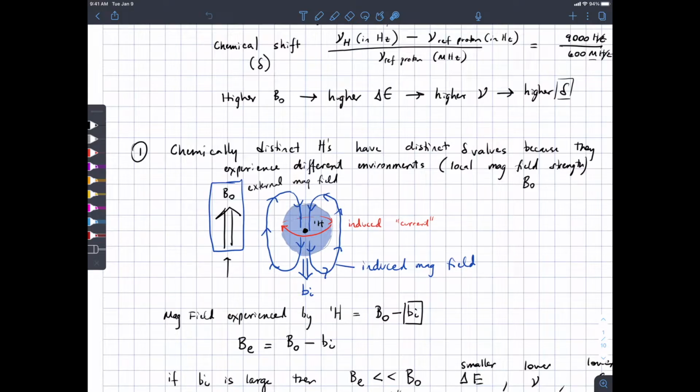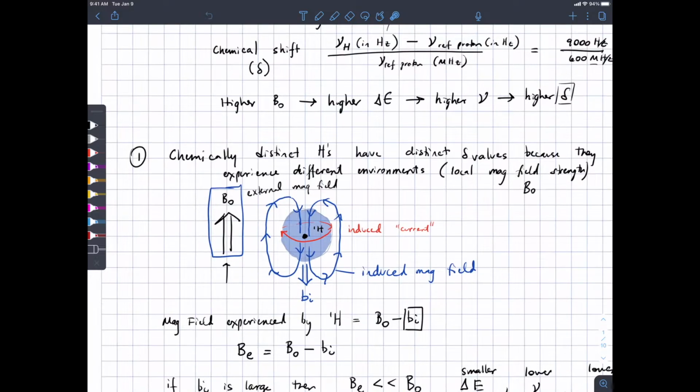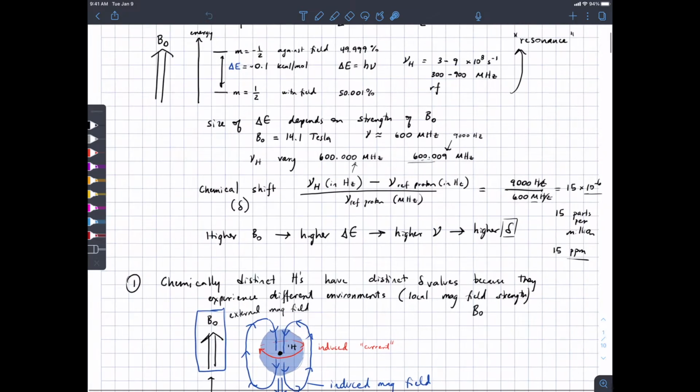So we're only ever going to observe one of those types, like the protons with negative spin, because they'll always be against this field? In the presence of the external magnetic field, half of the protons are going to be aligned with it and half are going to be aligned against it, and there will be an energy difference between the two.